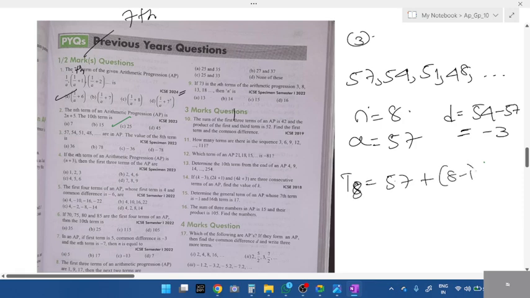N minus 1 is 8 minus 1, into d, which is minus 3. 57. 8 minus 1 is 7. 7 into minus 3 is minus 21, right? Very good. 36 is the answer.